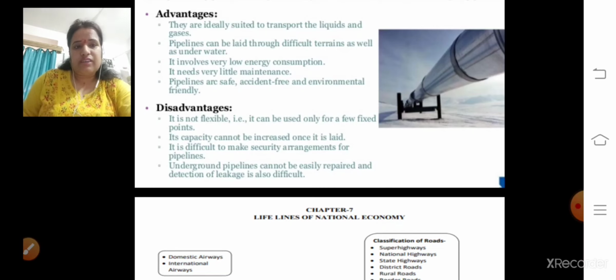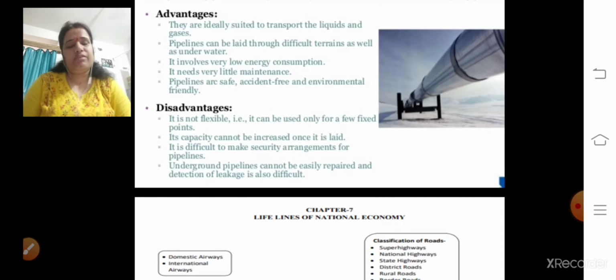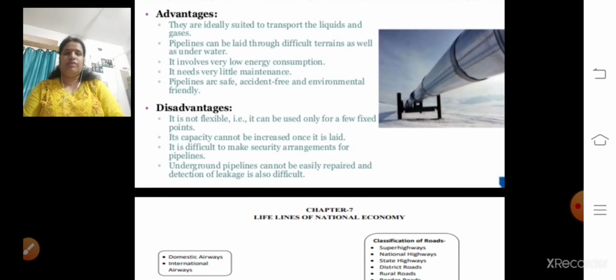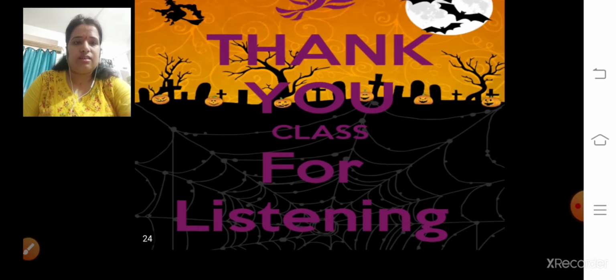So that's why it is said that maintenance is difficult. Security arrangements are also difficult for pipelines, because when it is underground we cannot check frequently what problem is there. So these all are the disadvantages of pipelines.